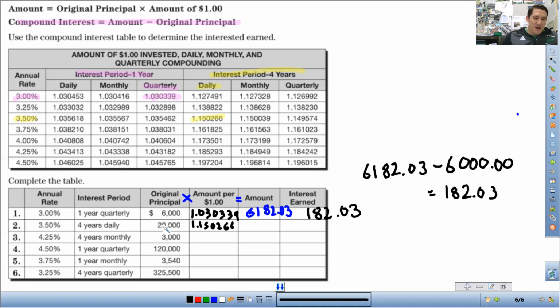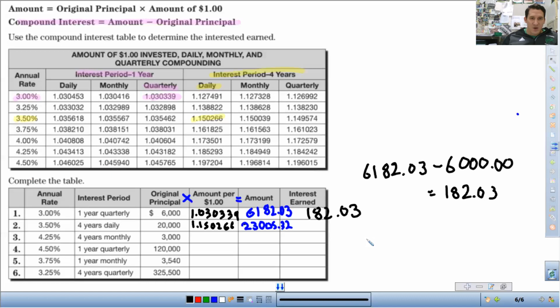So again, to take that, I'm going to do the 20,000 times the amount there, 1.150266, and that comes out to, right in blue, $23,005.32, and then the interest earned.